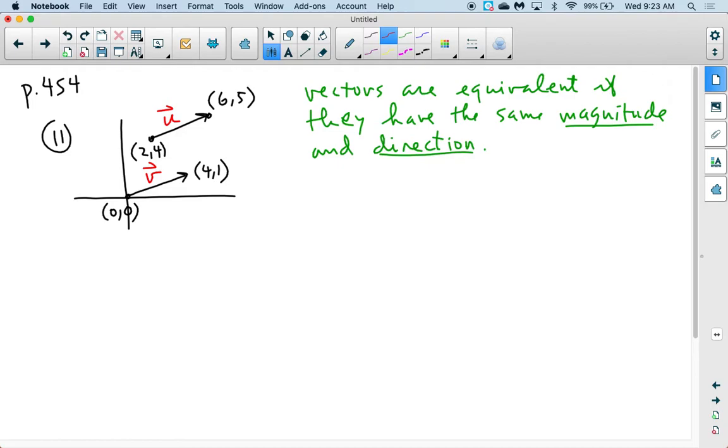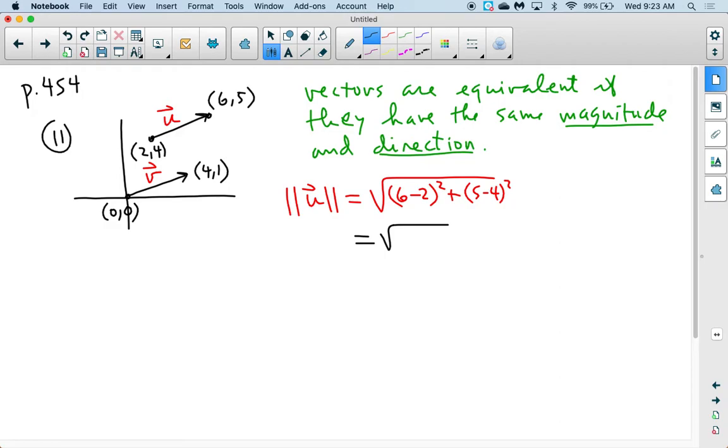All right, so let's find the magnitude of u. Well, that would be, just the distance formula, right, the square root of 6 minus 2 squared plus 5 minus 4 squared. And that is equal to radical 4 squared is 16, 1 squared is 1, so radical 17.